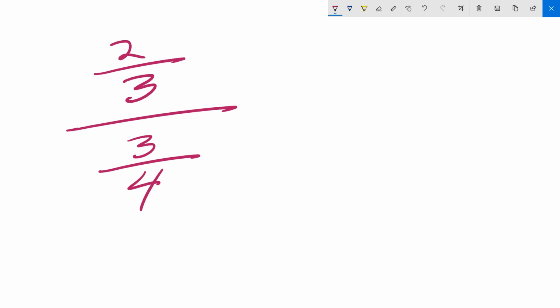How do I divide fractions? How do you divide fractions? It's a little bit like changing subtraction to addition. In this case, we're going to change division to multiplication. You multiply by the reciprocal, right?